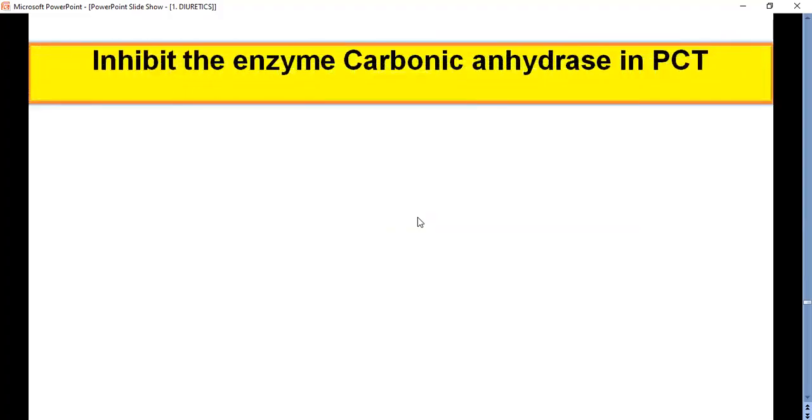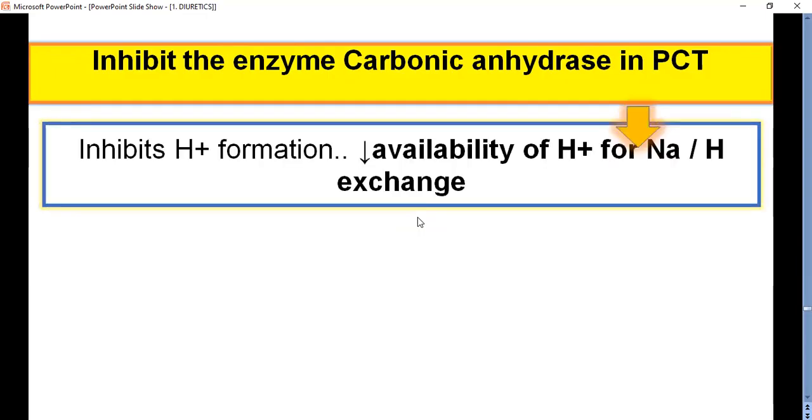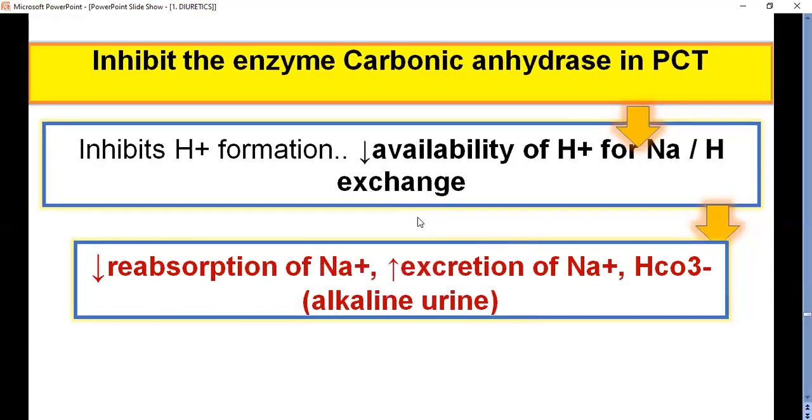Then carbonic anhydrase inhibitors. These agents inhibit the enzyme carbonic anhydrase, thereby reducing the formation of H plus ion. Thus, it reduces the availability of H plus ion for sodium hydrogen exchange. Thereby, it reduces the reabsorption of sodium and promotes the excretion of sodium through urine.